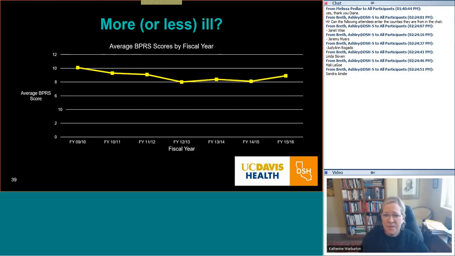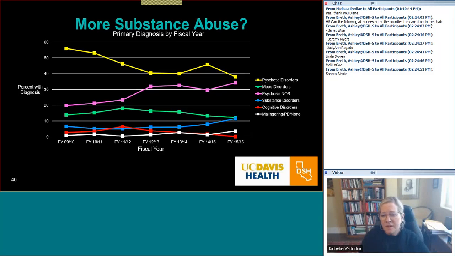This is just the brief psychotic rating scale, looking at are people more or less psychotic over time, and it didn't change in any way that would explain the IST crisis. Slide, please. These are just diagnoses, and as you can see, the blue bar at the bottom are substance disorders, and that didn't change appreciably. The top two bars, the yellow bar and the purple bar, are psychotic disorders.